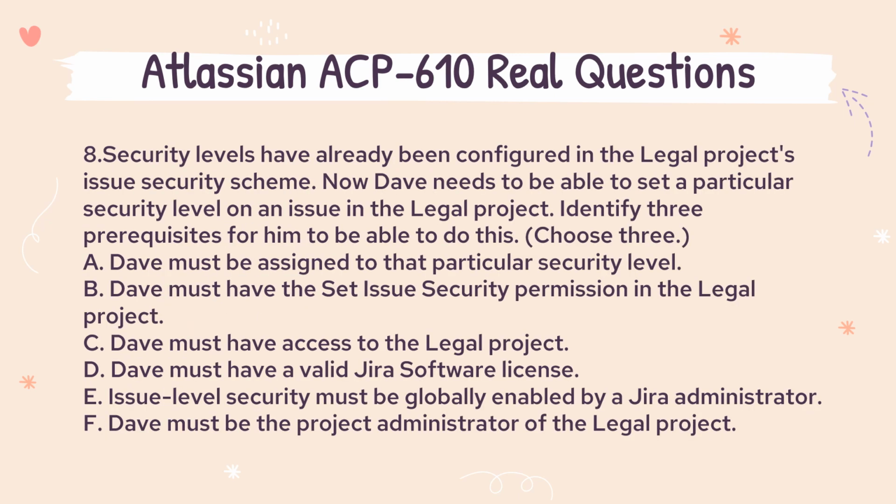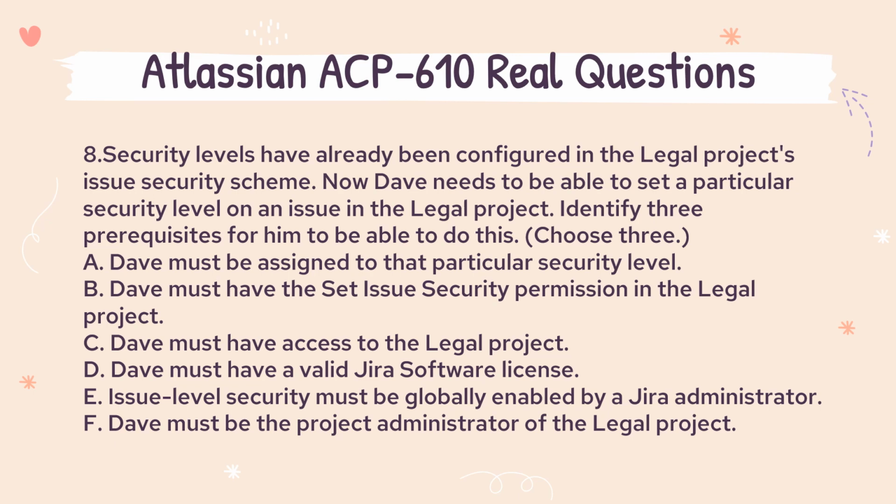8. Security levels have already been configured in the legal project's issue security scheme. Now Dave needs to be able to set a particular security level on an issue in the legal project. Identify 3 prerequisites for him to be able to do this. Choose 3. A. Dave must be assigned to that particular security level.